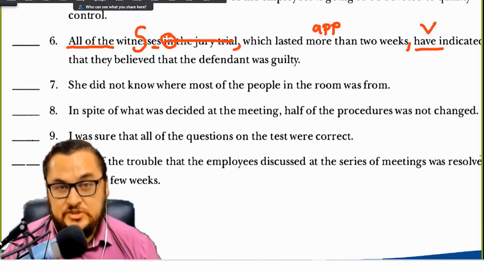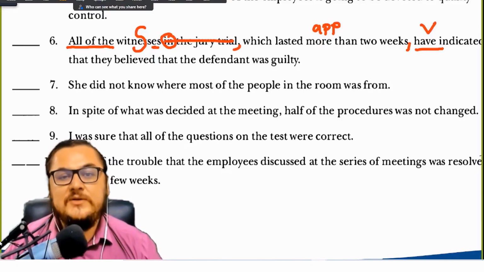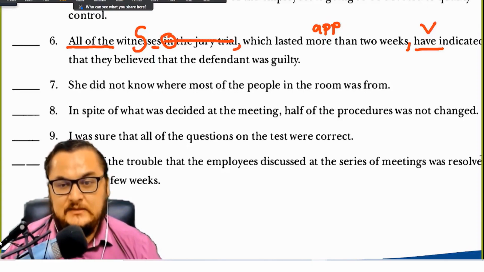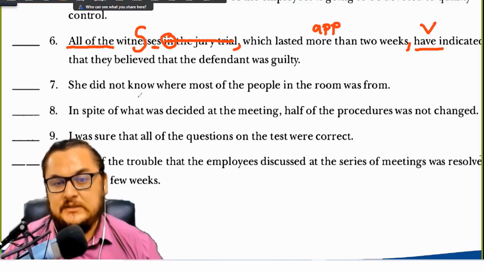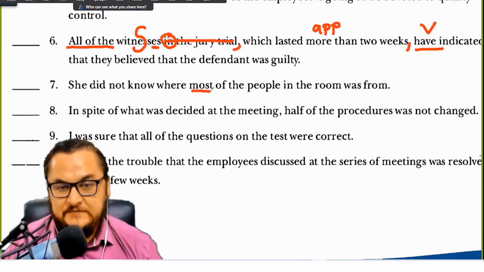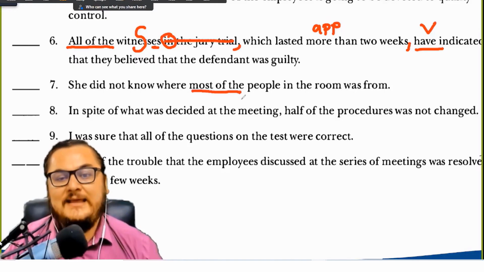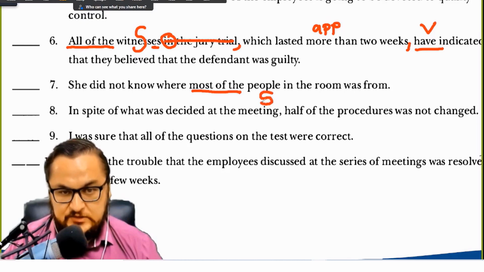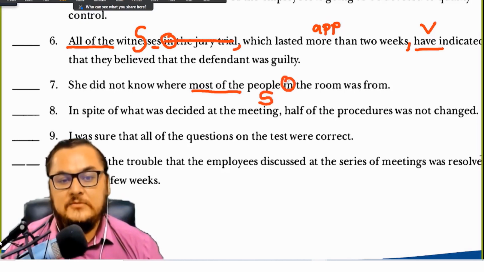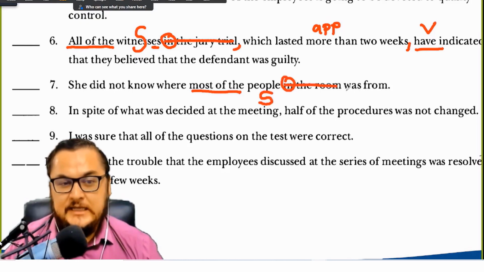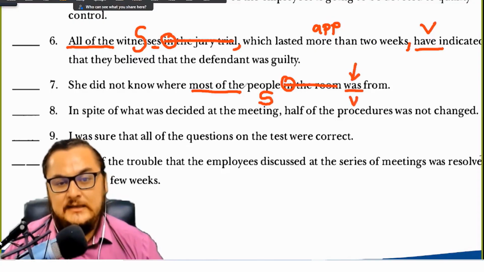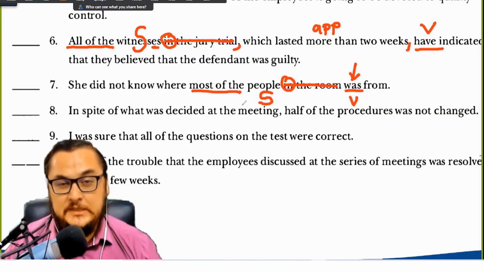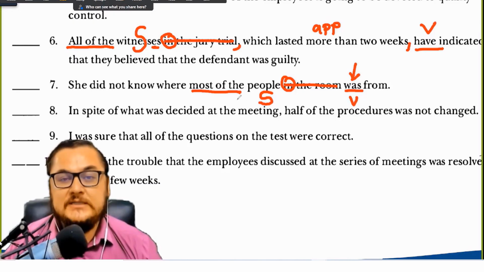The subject of the sentence is plural. The sentence is correct. In the following sentence we have must have. The to understand that this is the indicator of the subject of the sentence. In the room is a preposition that I can eliminate, and was is a verb that is singular. The word people is plural, therefore it is incorrect.